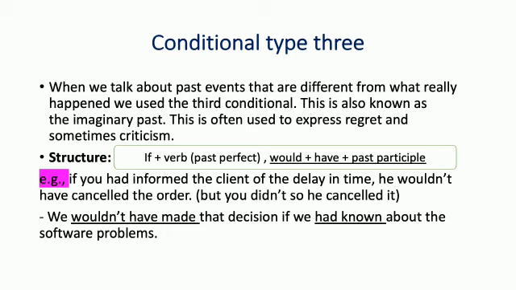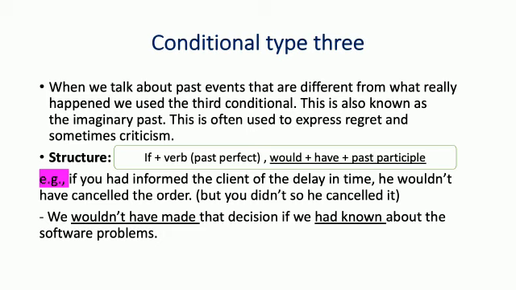Example: if you had informed the client of the delay in time, he wouldn't have cancelled the order, but you didn't, so he cancelled it. Here the meaning in Arabic: إذا كنت قد أخبرت الزبون أو العميل بالتأخير في الوقت المحدد، لم يكن فلن يكون قد ألغى الطلب، يعني have cancelled the order.